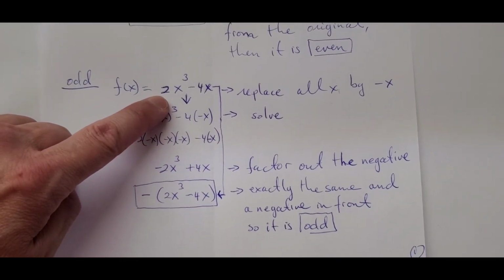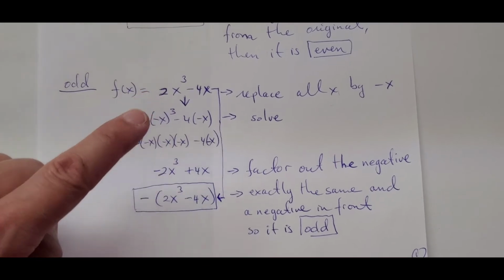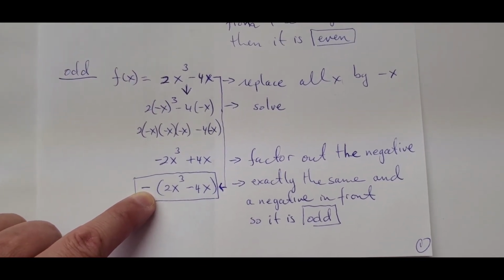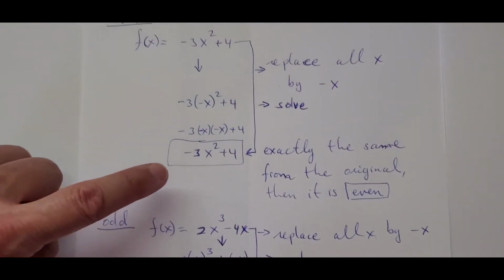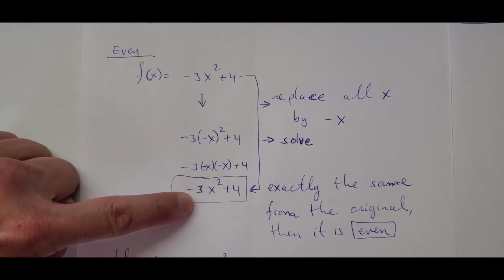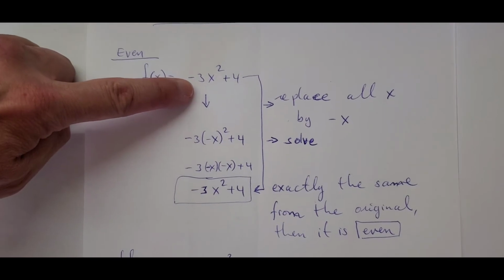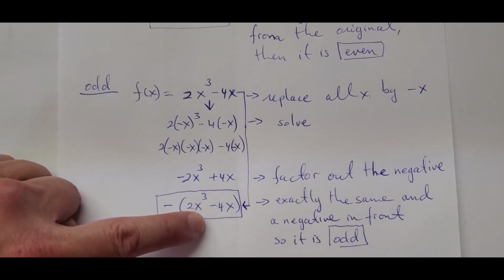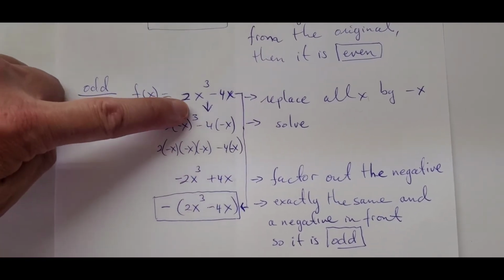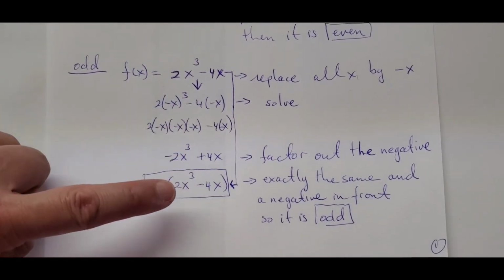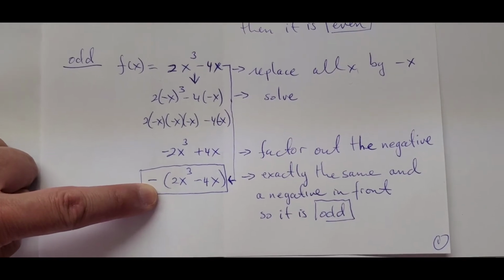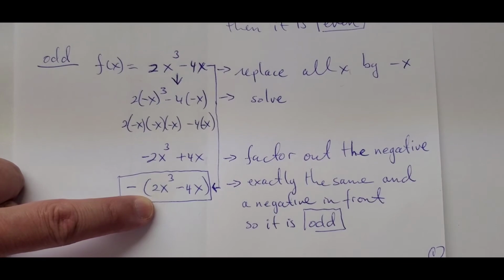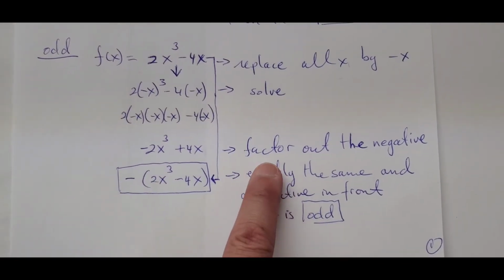Even has the same equation as the original. Odd has the same equation too, the only difference being that odd has a negative in front with parentheses after you factor out the negative.